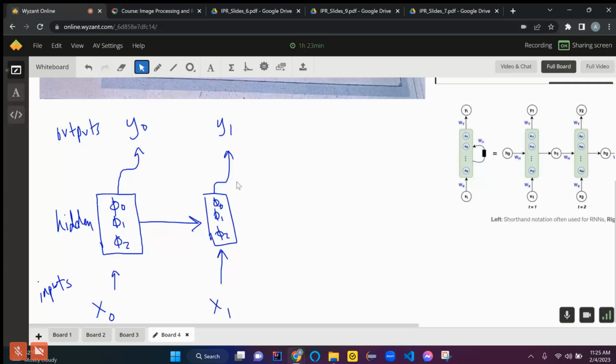Okay, actually, I guess I should have labeled these X1 and X2, because that's following their notation, and they're calling their outputs something similar. Let me just relabel all these things, because it looks like they're labeling everything starting at 1, so we can do the same. So it'd be X1 and X2.